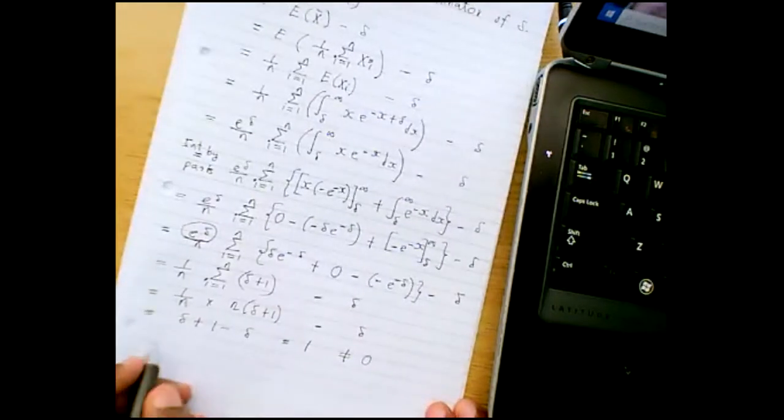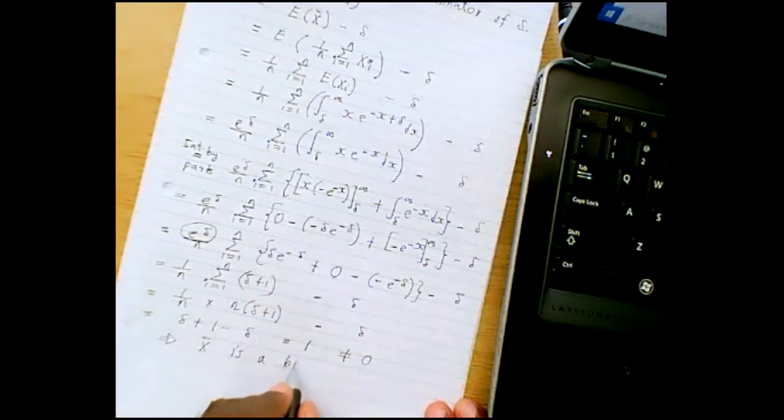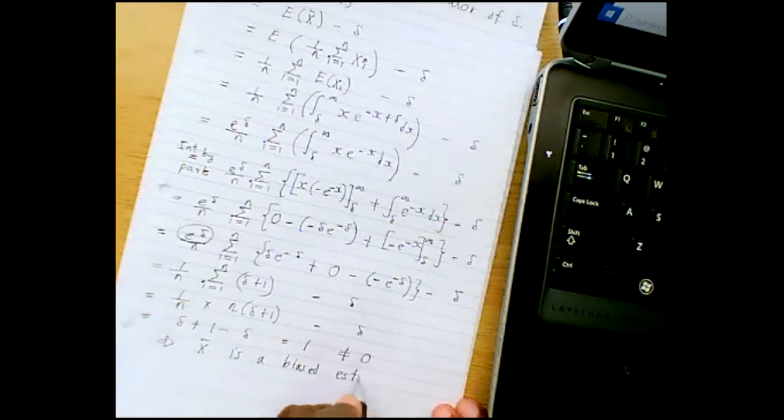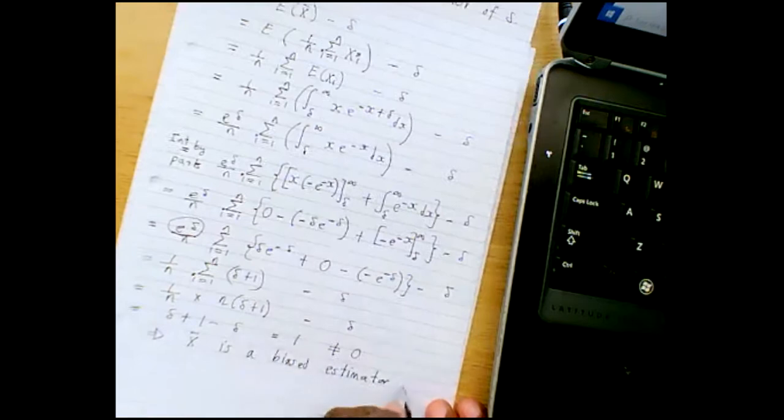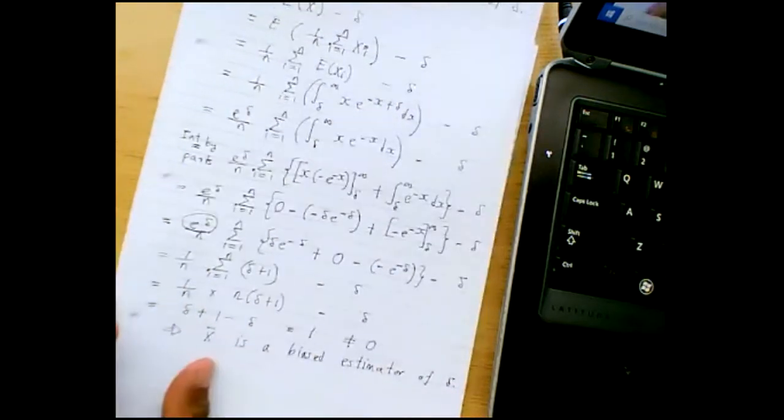So the conclusion is that x bar is a biased estimator of delta.